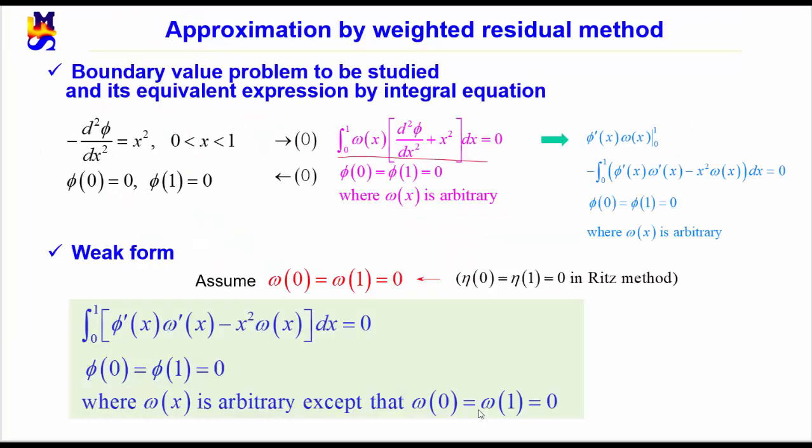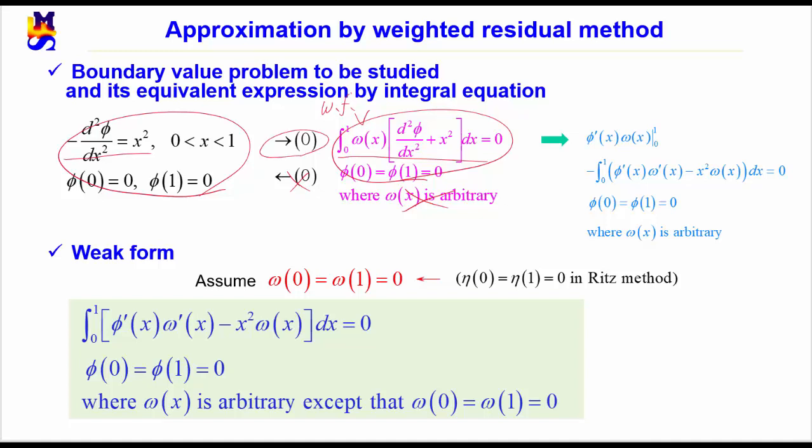We can make this integral equation easily from this differential equation. In this equation, omega x is a given function called the weighting function. When this condition is not involved, the left problem is the only necessary condition of the right problem. That is, if the left problem is true, then the right problem is also true.